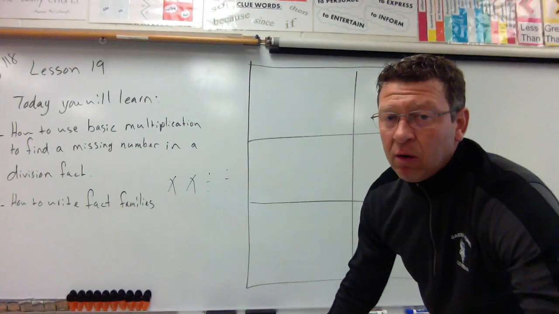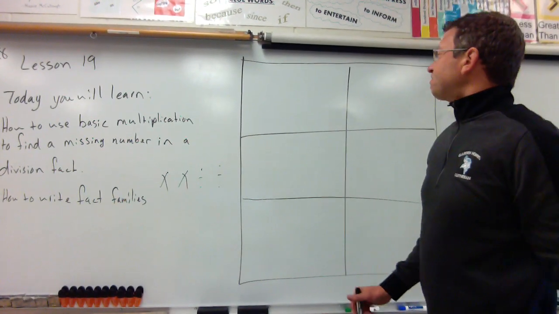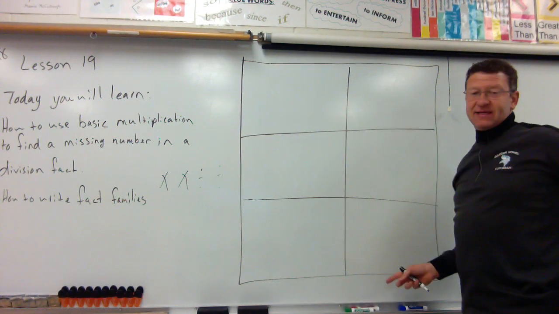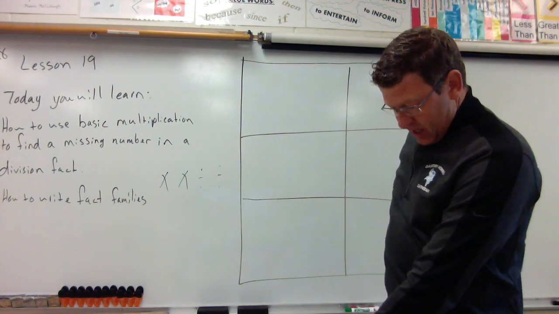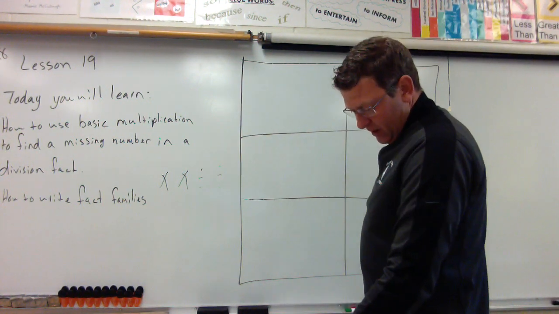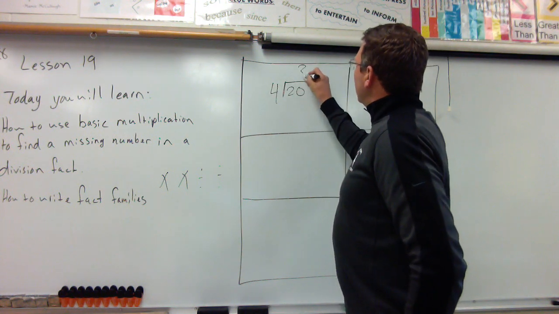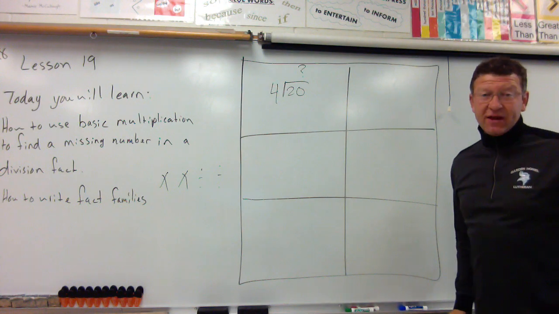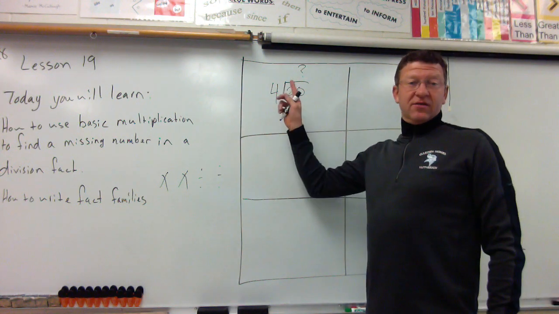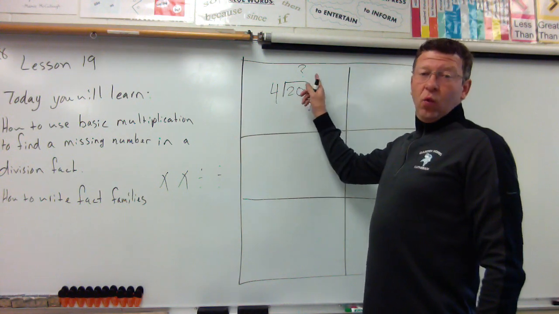Let's jump right into our example problems. You should have your power up from today, power up C, Wednesday, flipped over on the backside, divided into 6. Example number 1 says, what's the missing number in this problem? 4, 20, question mark. You would read it from the inside out. 20 divided by 4 equals what?